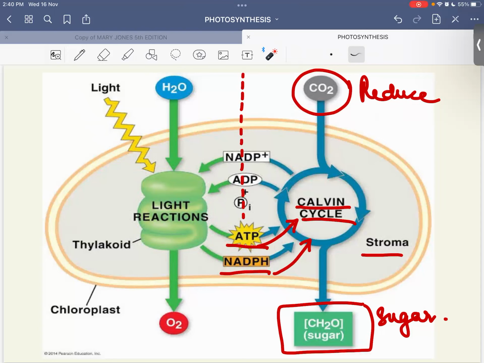Okay, so you use the power of ATP and the reducing power of NADPH to reduce CO2 into a sugar.